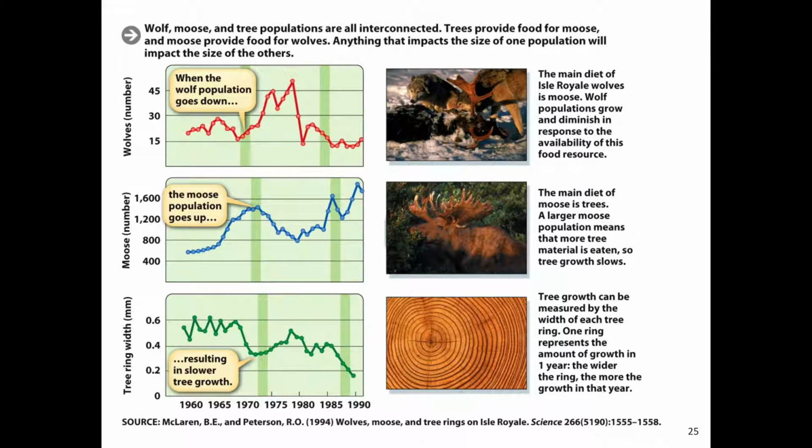And just in summary, with regards to the video, what we saw is that the wolf, the moose, and the tree populations were all interconnected. It was the trees that provided food for the moose. The moose provided food for the wolves, and when the wolf population went down, the moose population went up, which resulted in slower tree growth.